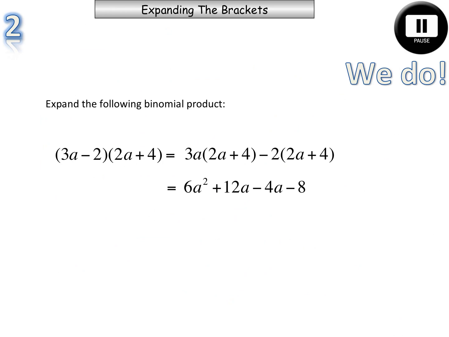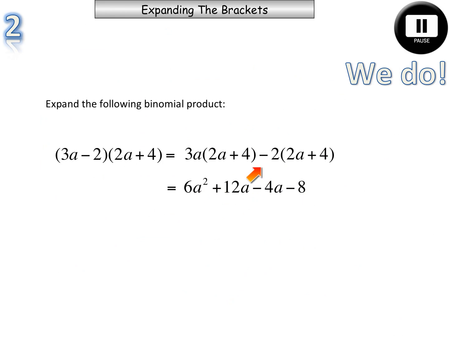So we end up getting that expansion was 6a squared, 3a times 4 is 12a, negative 2 times positive 2a is a negative 4a, and then a negative 2 times a positive 4 is going to be a negative 8. Look at your two middle terms.